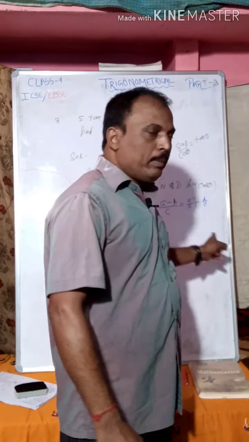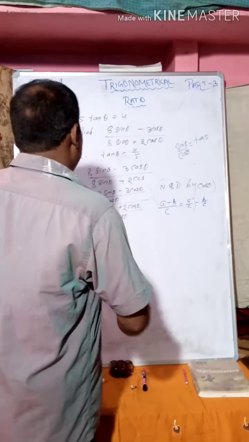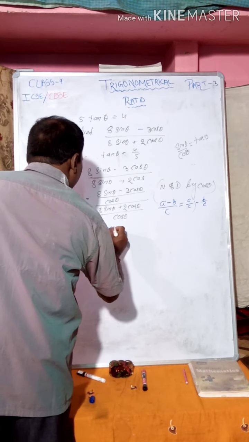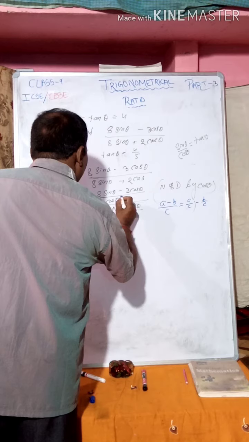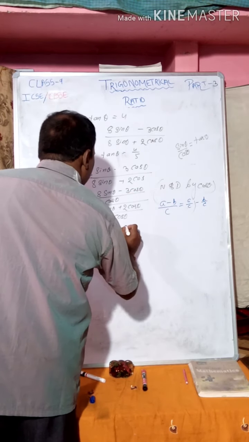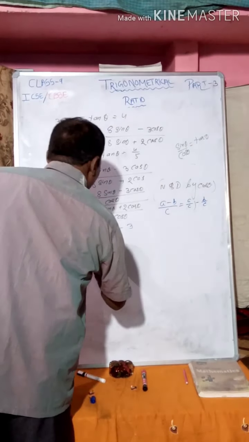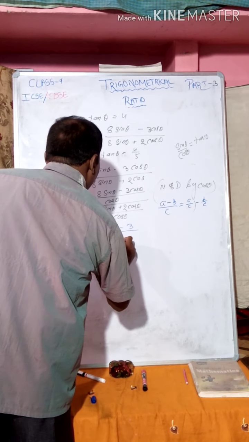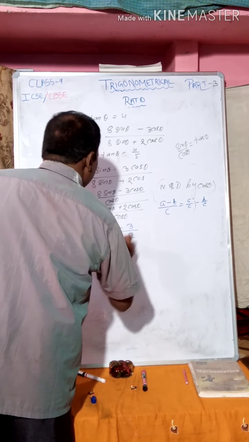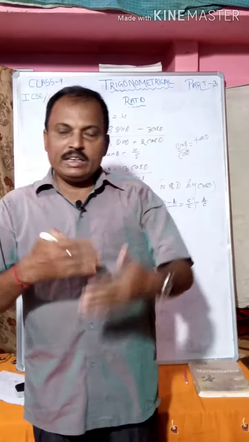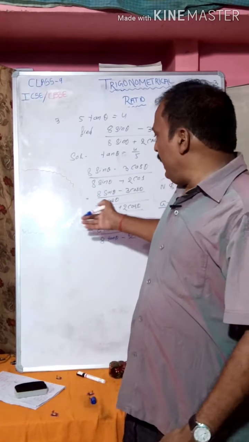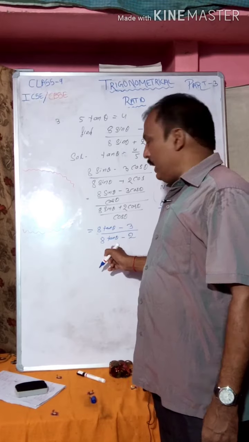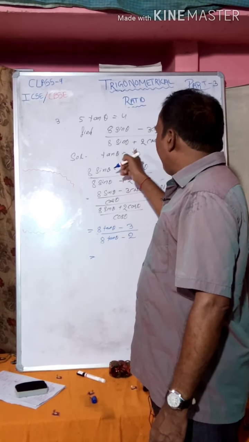So 8 sin theta by cos theta, that is equal to 8 tan theta, minus 3 cos theta by cos theta, that is simply 3, whole divided by 8 tan theta plus 2 cos theta by cos theta is equal to 2. Now this expression changed into tan trigonometrical function. Sin and cos both changed to tan, that is equal to tan theta value 4 upon 5.